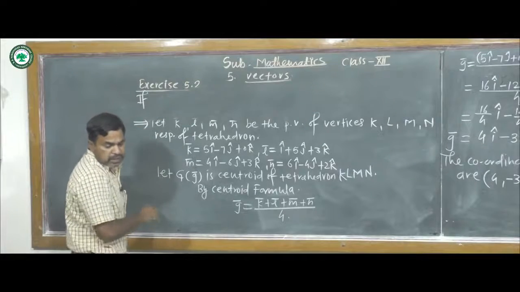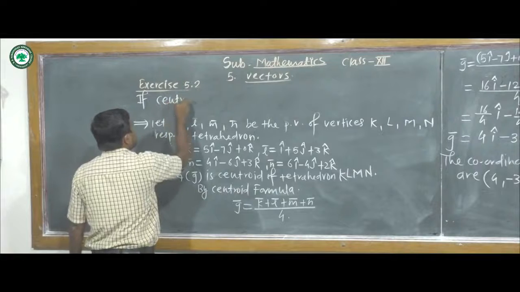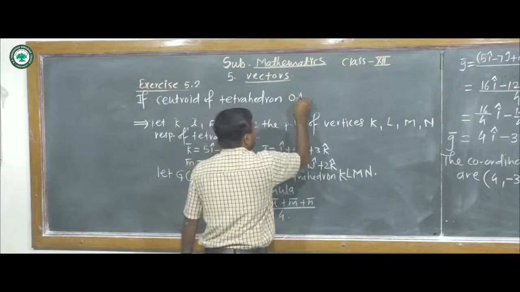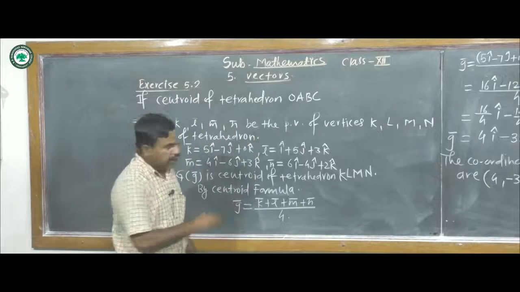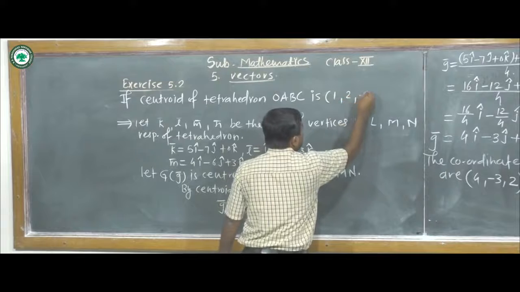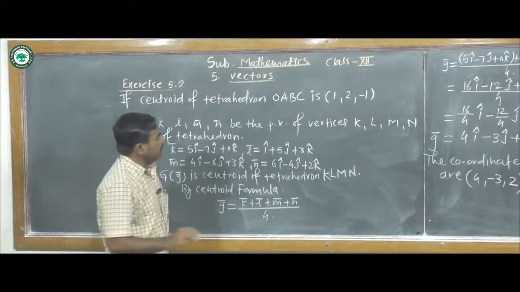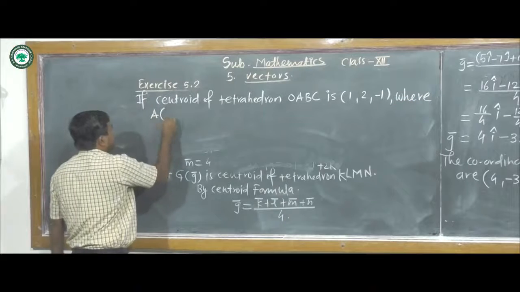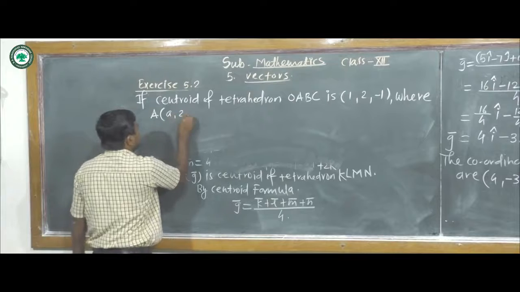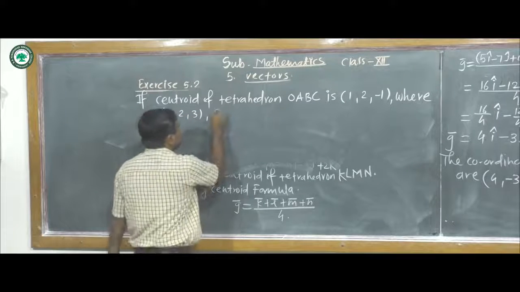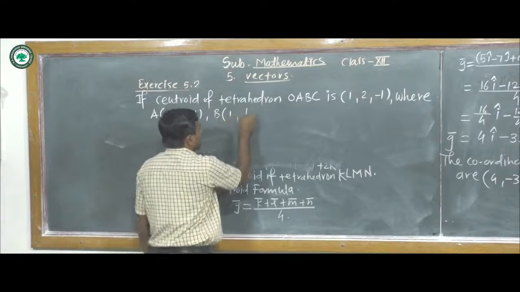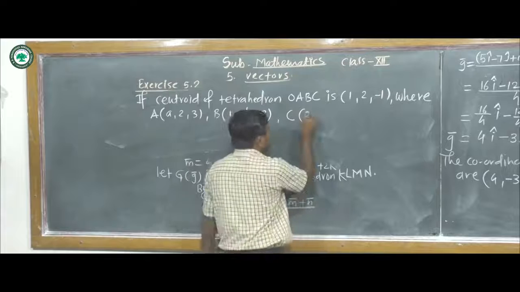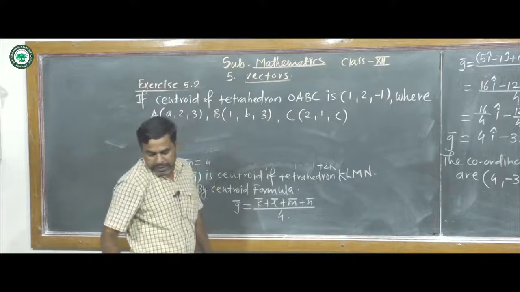If the centroid of tetrahedron OABC is 1, 2, minus 1, where the point capital A has coordinates small a, 2, 3, capital B has coordinates 1, b, 3, and the point capital C has coordinates 2, 1, c respectively.